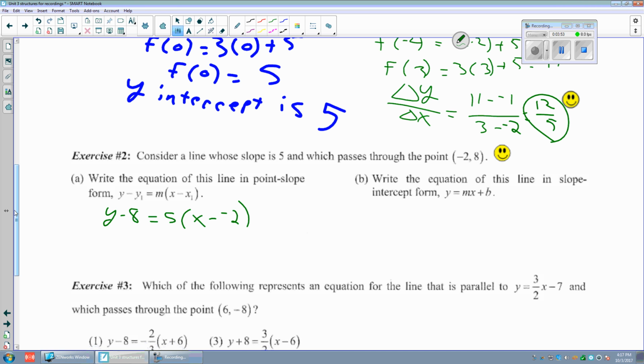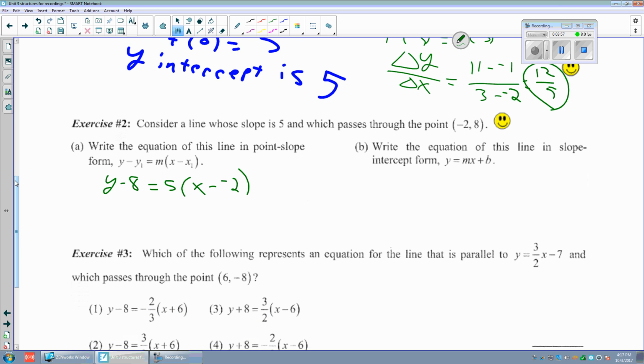Now write the equation in y equals mx plus b form. I already got it in point slope form. Why do I want it over there? Because you do. y minus 8 equals 5 times x plus 2.